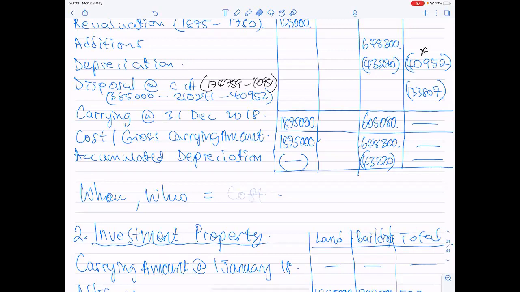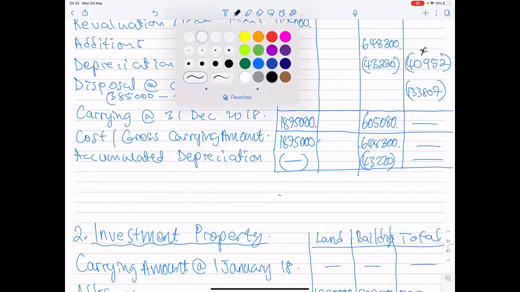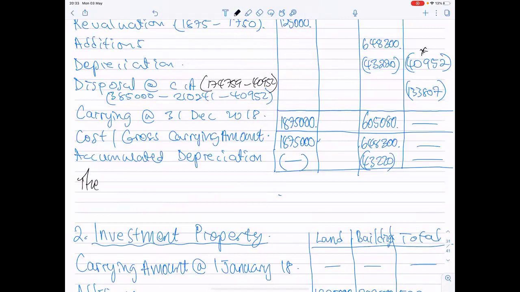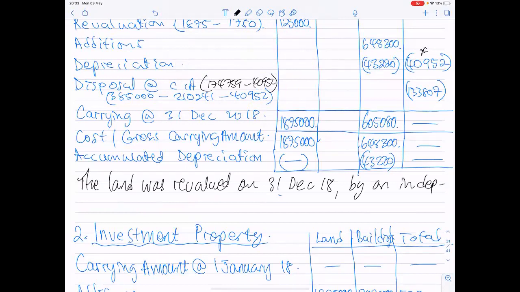So you are going to come and you say the land was revalued on 31 December 2018 by an independent sworn appraiser.